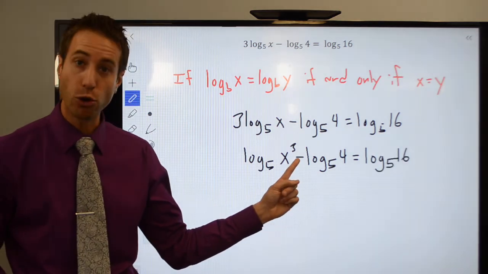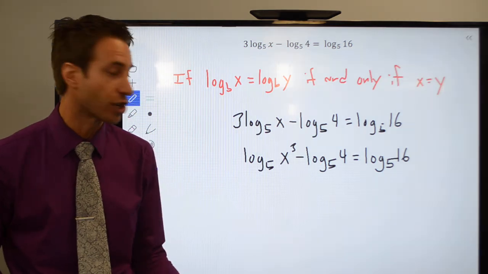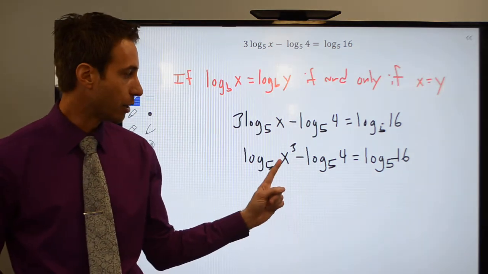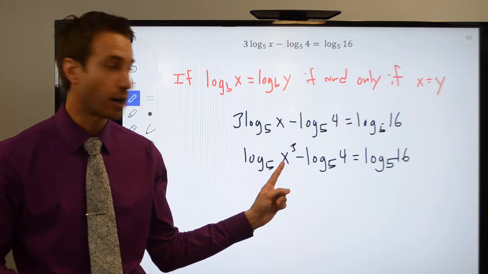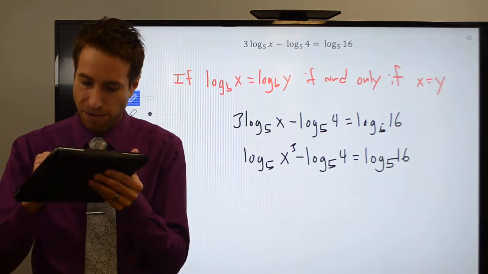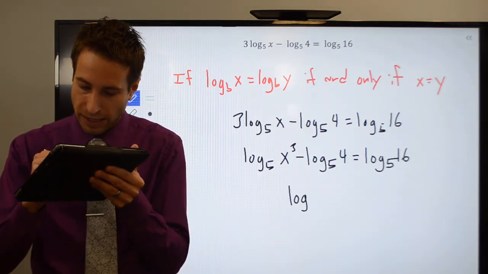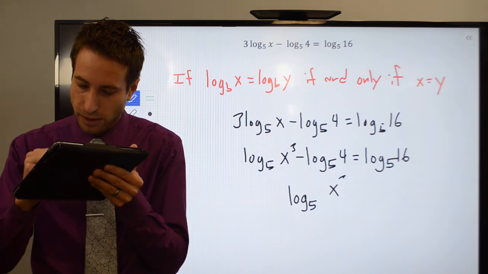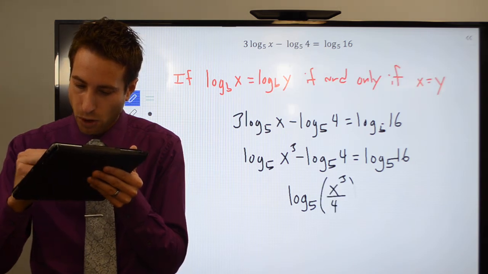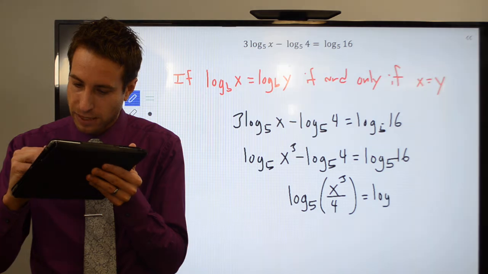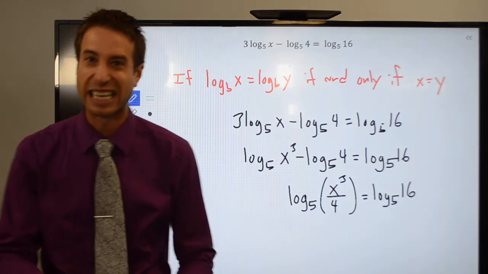Now I can use the quotient property because I have subtraction to write a quotient. It'll be x to the third divided by 4. So log base 5 of x to the third divided by 4 equals log base 5 of 16.